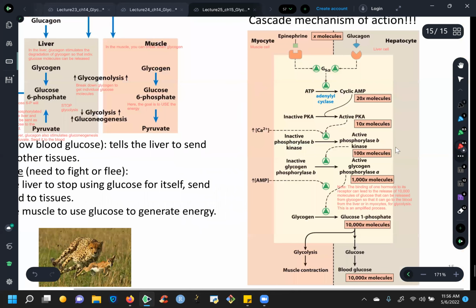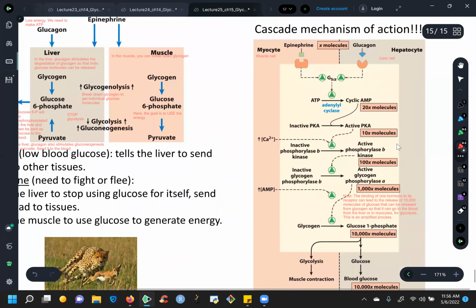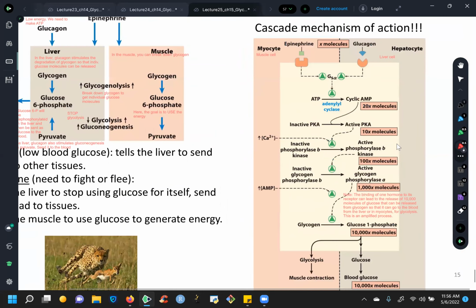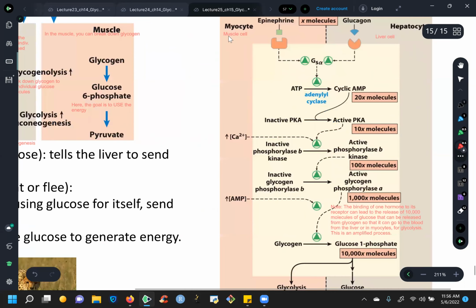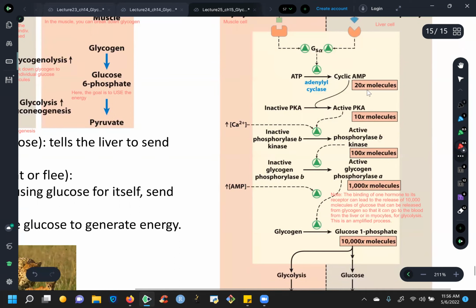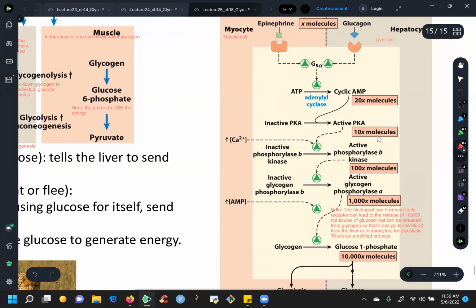Okay, so this is kind of important. Cascade mechanism of action. This is a myocyte, which is a muscle cell, and this is a hepatocyte, which is a liver cell. And you have epinephrine and you have glucagon. So here you're going to break down and get 20 times the amount of molecules with just one signal.